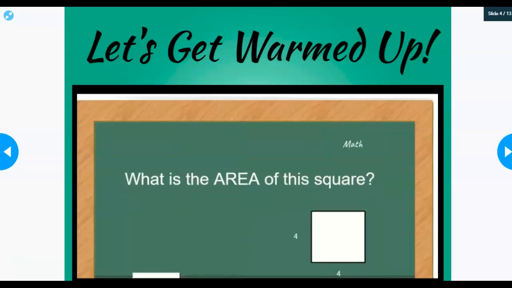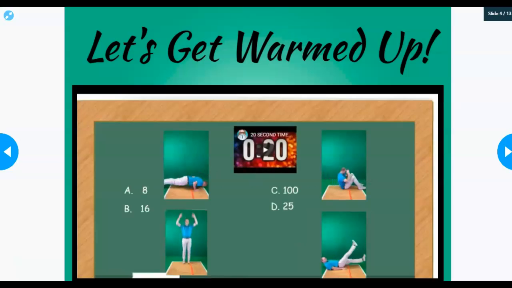What is the area of this square? You can see the sides are 4 by 4. So what is the area of this square? Is it A, 8, B, 16, C, 100, or D, 25? You have 20 seconds to complete your exercise.